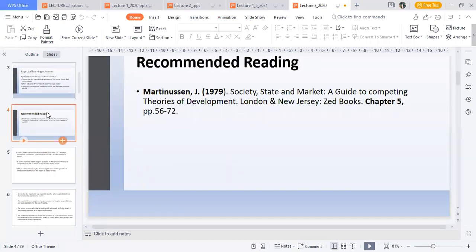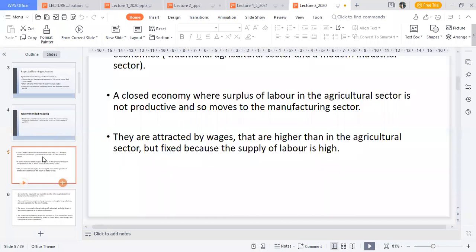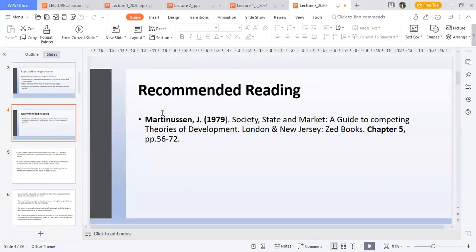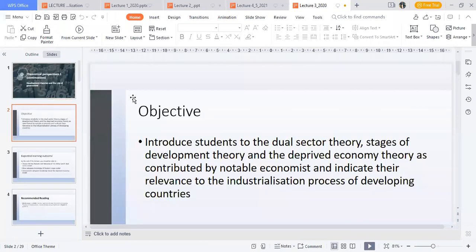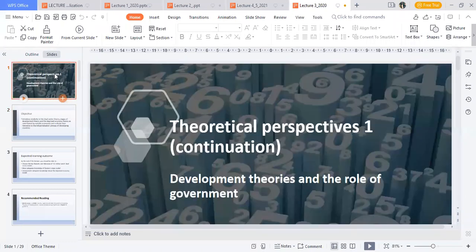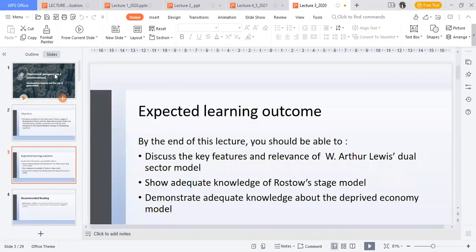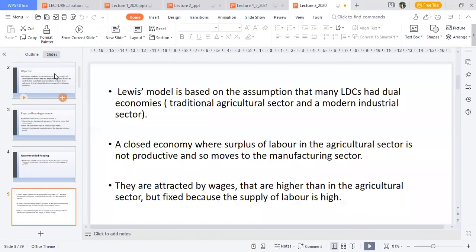Okay. Now let's go to our next theory. This is the dual sector model. They just named that continuation. Development theories and the role of government. So here we have a man called Arthur Lewis.